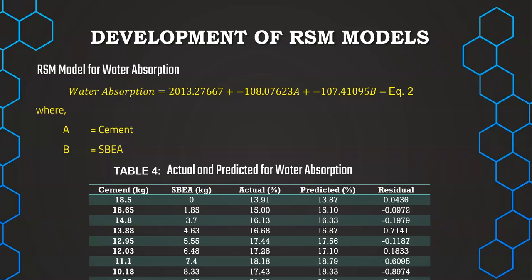For equation 2, it shows the mathematical equation obtained from the RSM modeling for the water absorption prediction. Using the equation, the lowest predicted water absorption obtained is for the control specimen, which is 13.87%. But for ICEB with SBEA, the lowest water absorption obtained is for the mix with 10% SBEA replacement, which produces 15.1% water absorption.